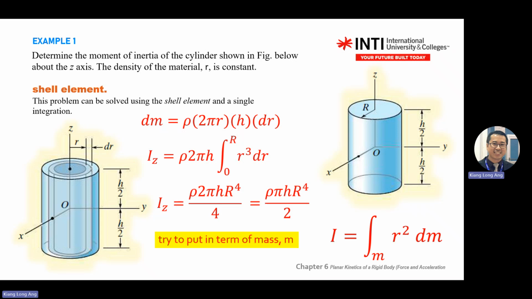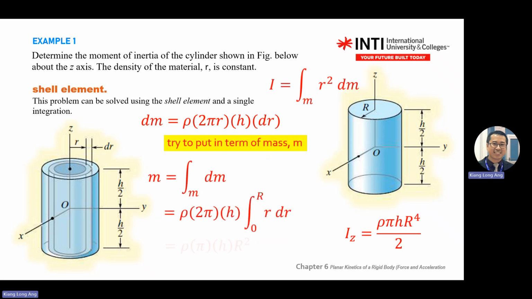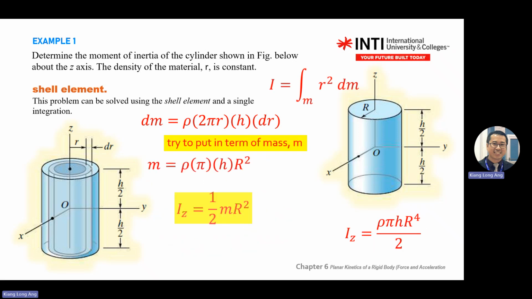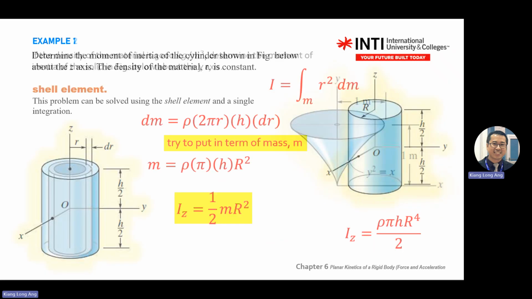You have your m already. Equal to how many m? The answer is r square over 2, or half m r squared.